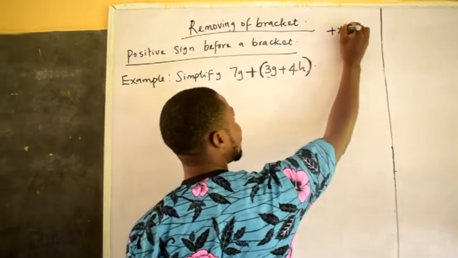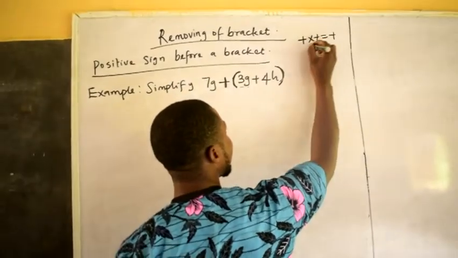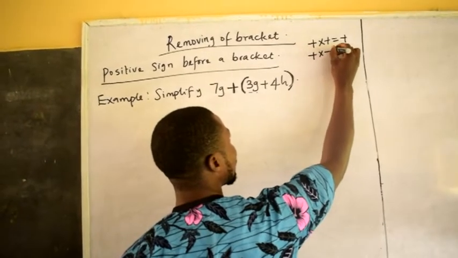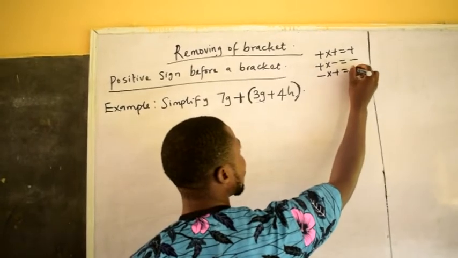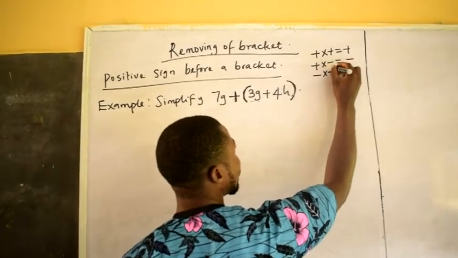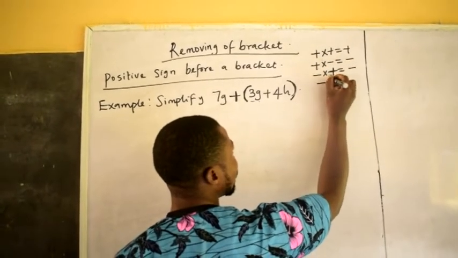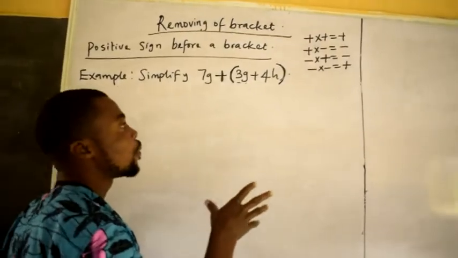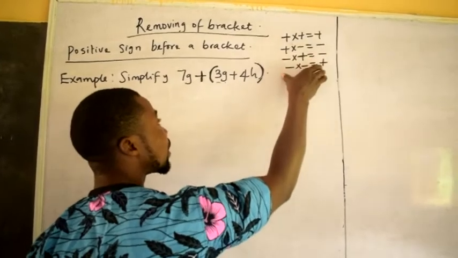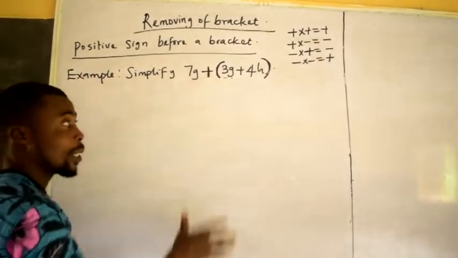Plus times plus will give us plus. Plus times minus. Minus times plus. We will make use of this multiplication of sign in this bracket.